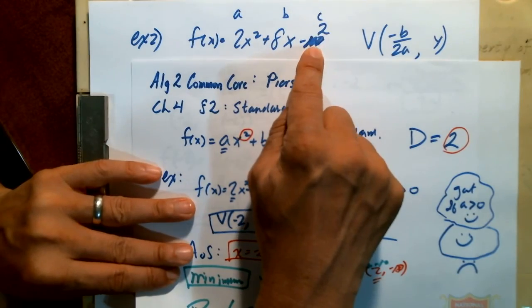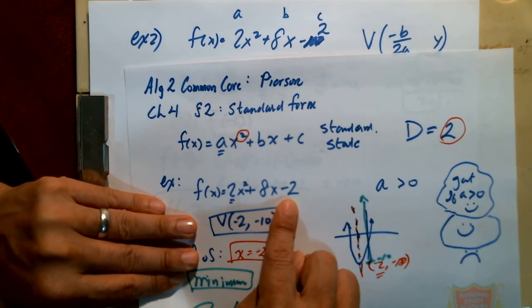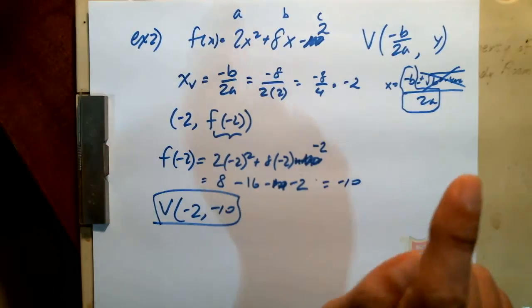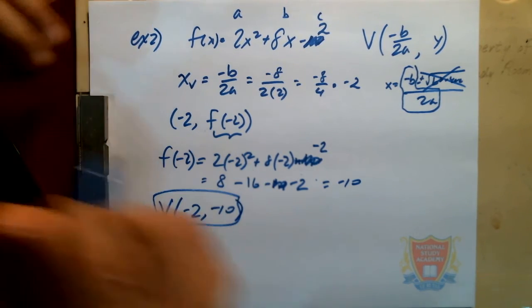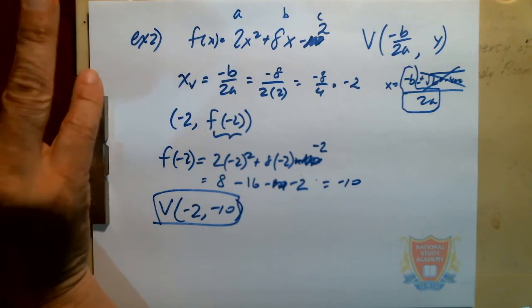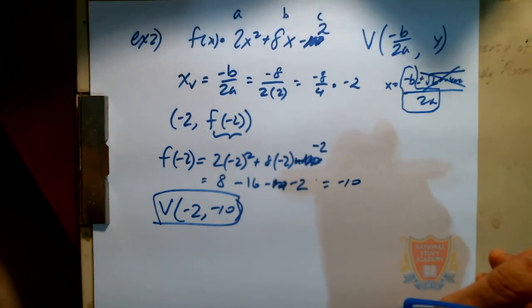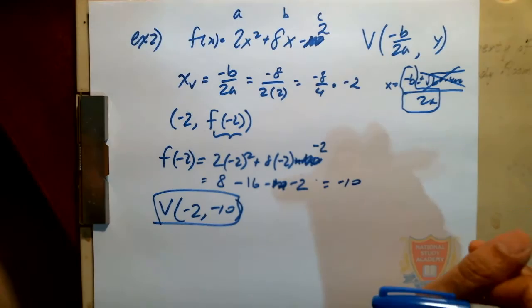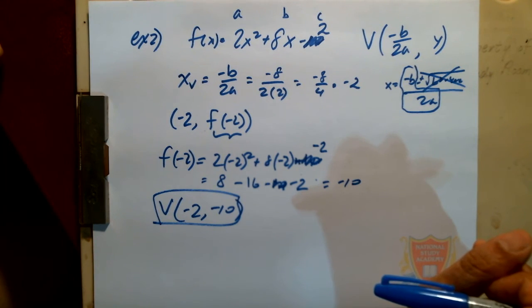I imprinted minus 10. So it should have been minus 2 right here. So there's your vertex. That's how you find the vertex of your quadratic equation. If you have any questions, let me know.